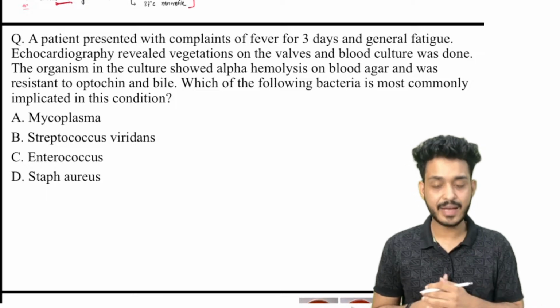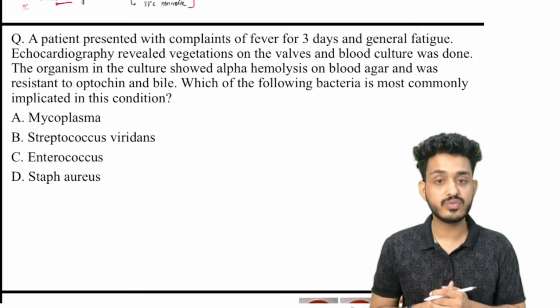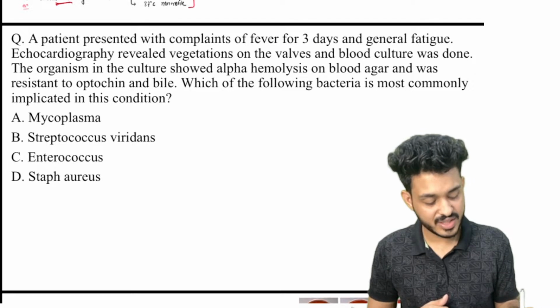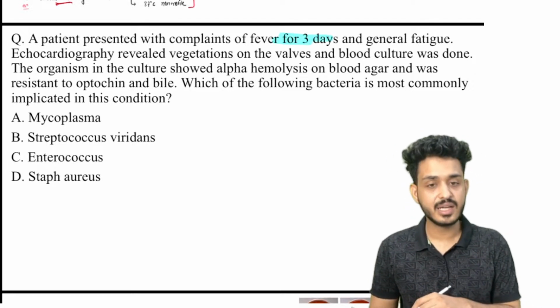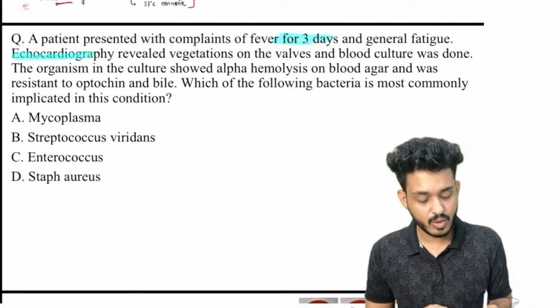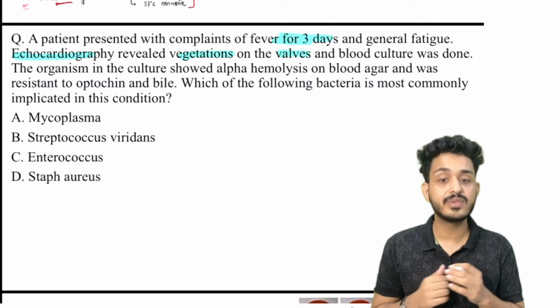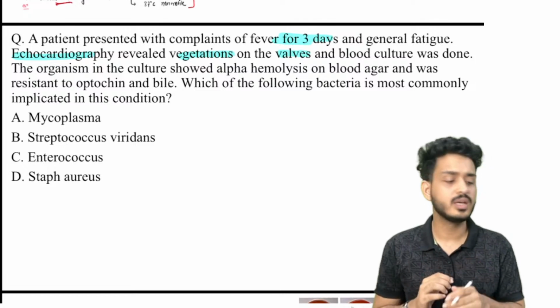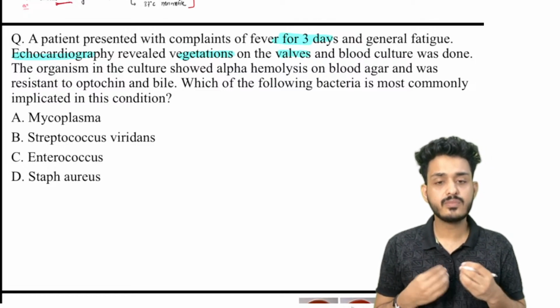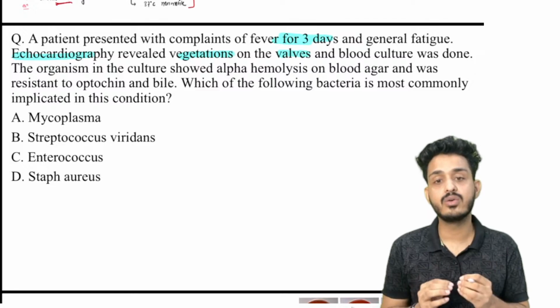So the question is, a patient presented with the complaints of fever for last 3 days. There is general fatigue. Echocardiography revealed vegetation on the valves. Remember, guys, whenever we discuss valves, जब भी valves की बात करेंगे, we are talking about some kind of endocarditis.